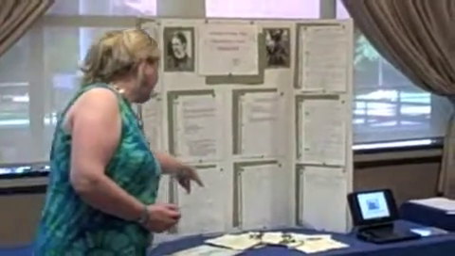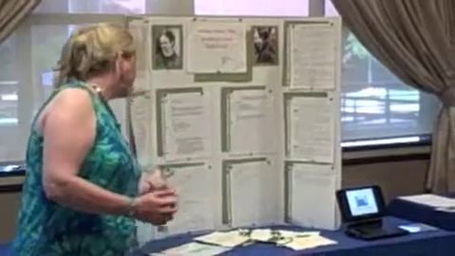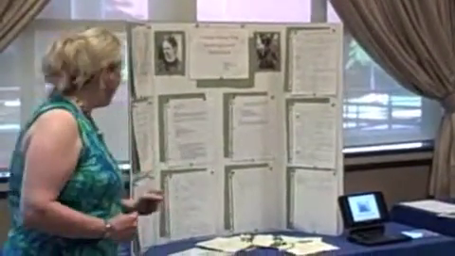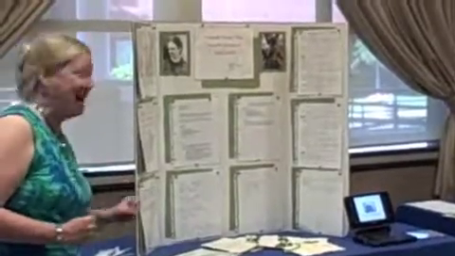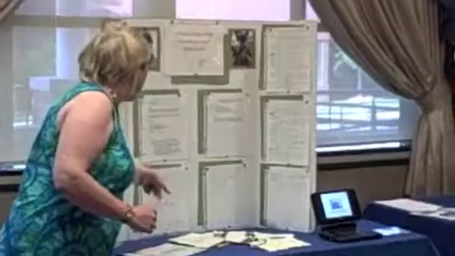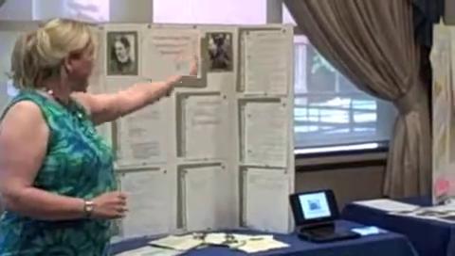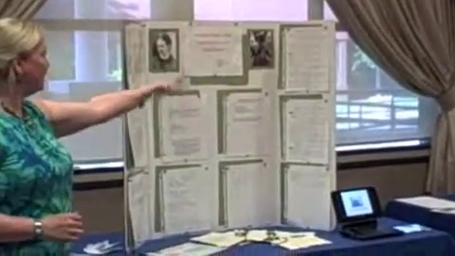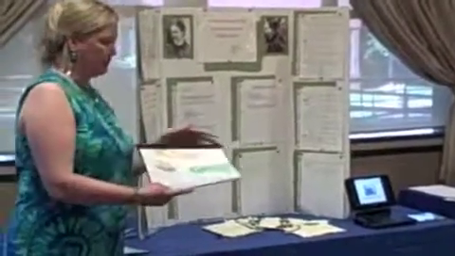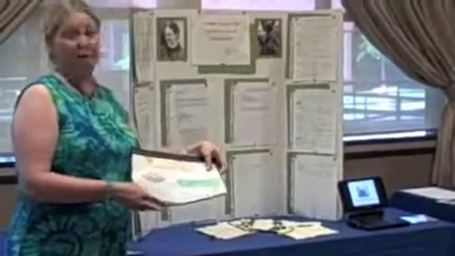So one group, they wrote a lovely freedom song to the tune of This Little Light of Mine. I won't try to sing it, but they did such a great job on it, and they were able to carry the tune, which is always impressive to me. The kinesthetic group, they wrote a play, and then presented that to us. And then the verbal linguistic group, they wrote and illustrated a picture book.